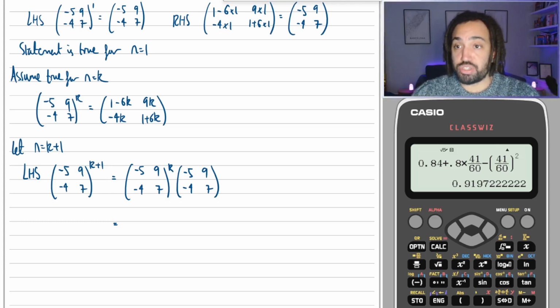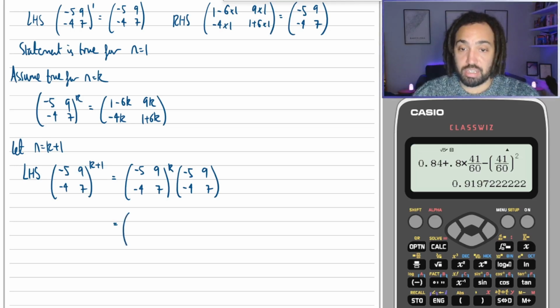Now we've already assumed that this is true, so therefore we can replace this matrix to the power k with this matrix which we've assumed true. So 1 minus 6k, 9k, minus 4k, and 1 plus 6k. And then that will be multiplied by [-5, 9; -4, 7].